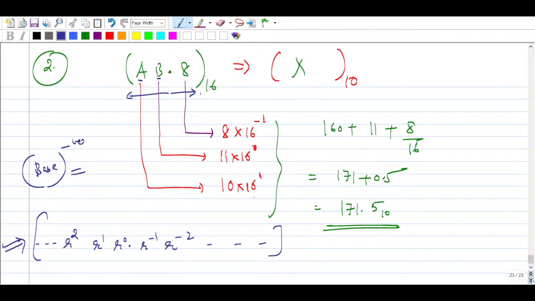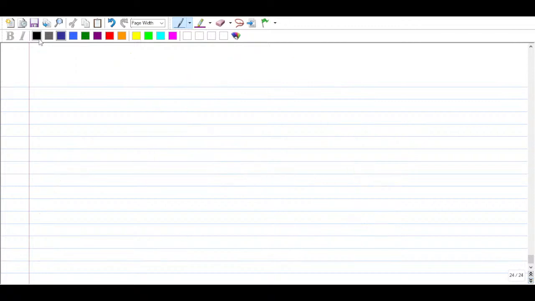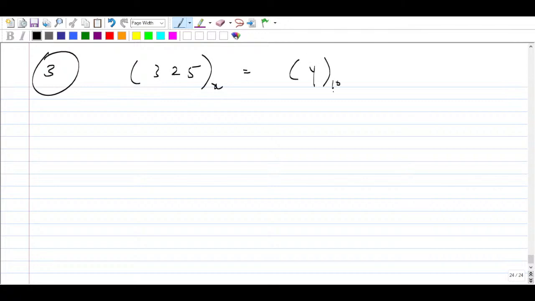So let me take one more problem here. Suppose your base is x. Suppose the number is 3 2 5, and your base is x here, and you have to convert it into decimal. So how can you write this?